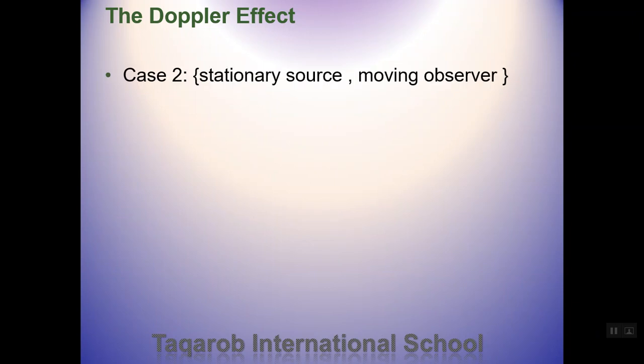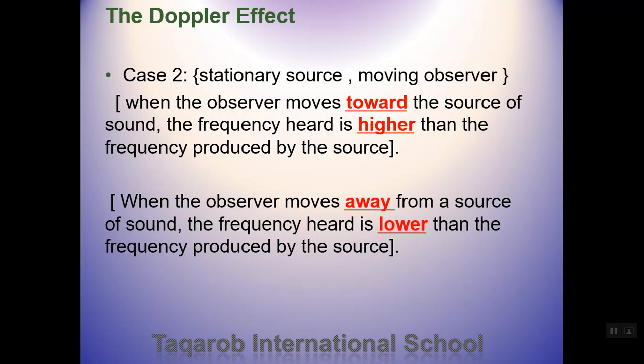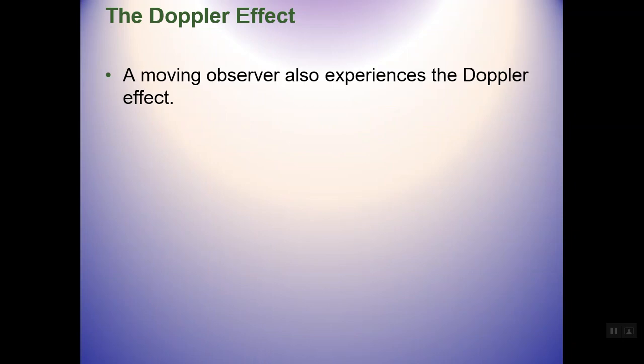In case 2, we have a stationary source and a moving observer. In this case, when the observer moves toward the source of sound, the frequency heard is higher than the frequency produced by the source. And when the observer moves away from the source of sound, the frequency heard is lower than the frequency produced by the source, as shown in this figure.